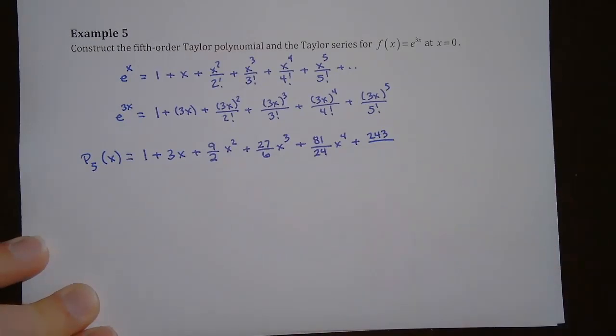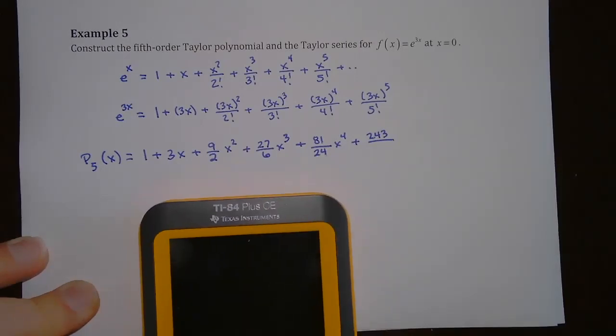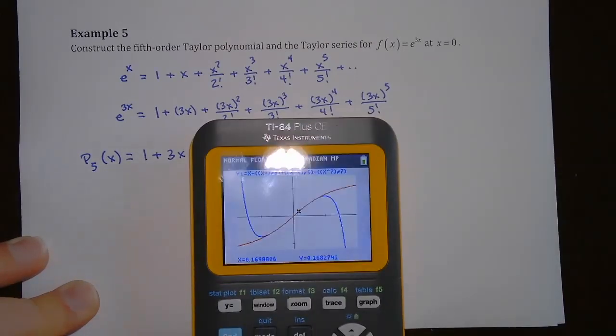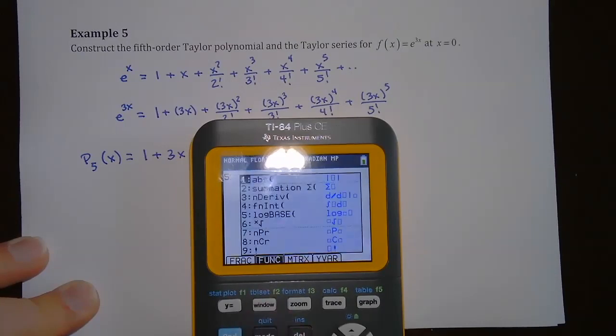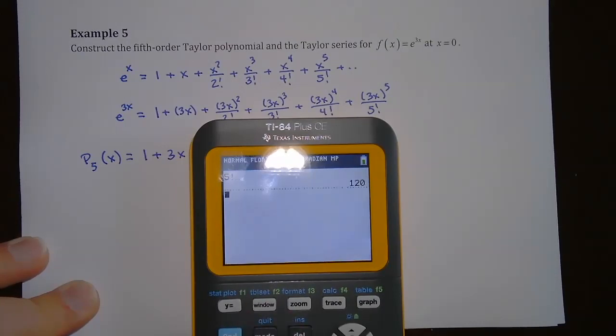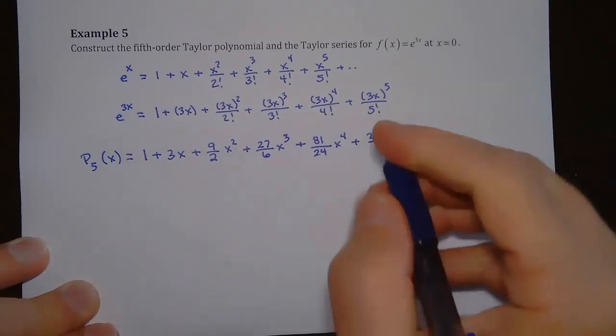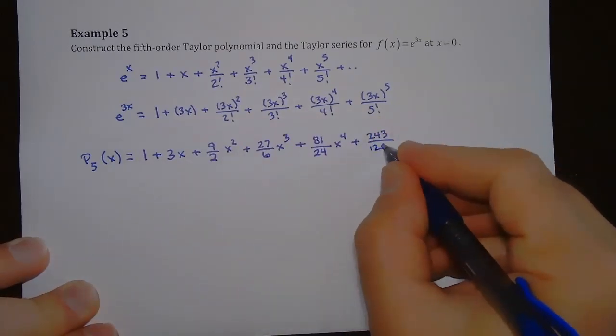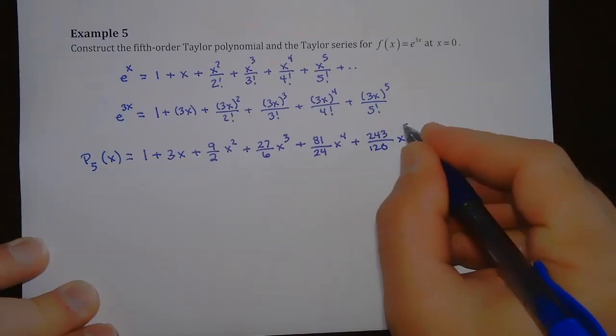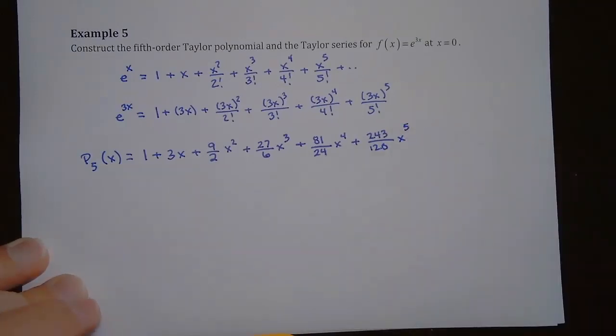I'm going to grab my calculator. And 5 factorial is 120. Whoops, what was I thinking? 120. And then x to the 5th. Okay.